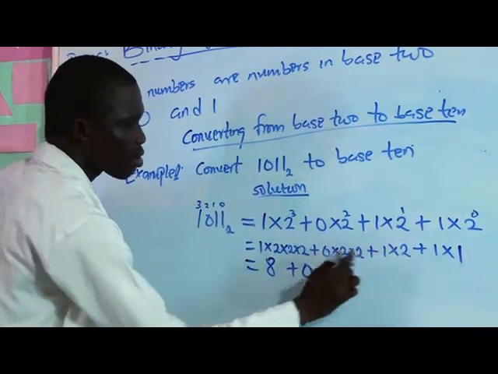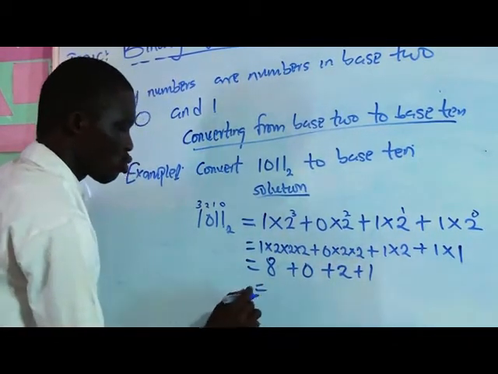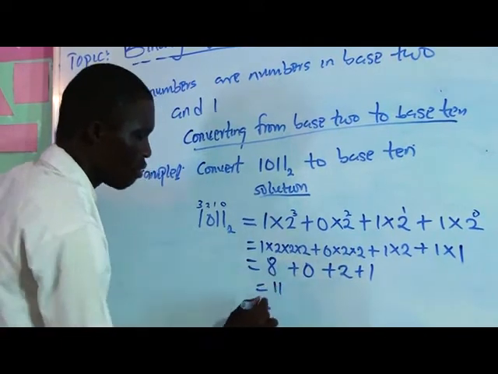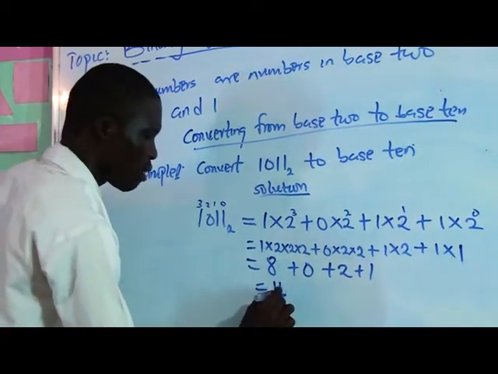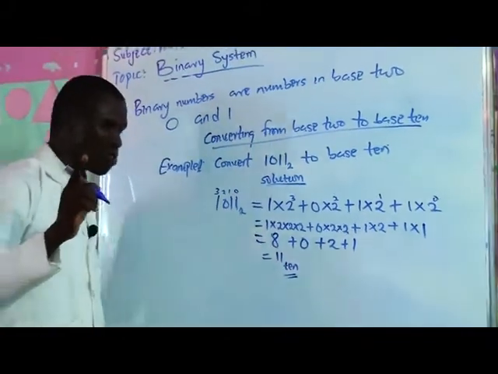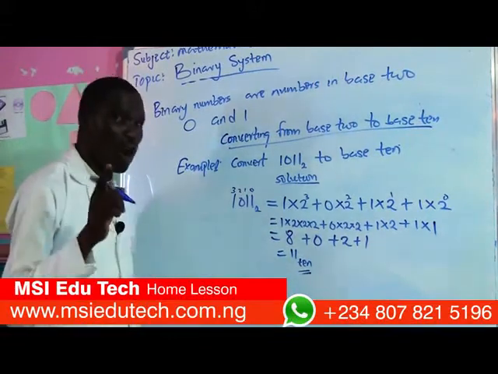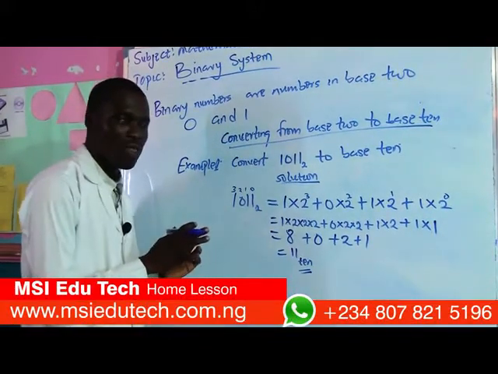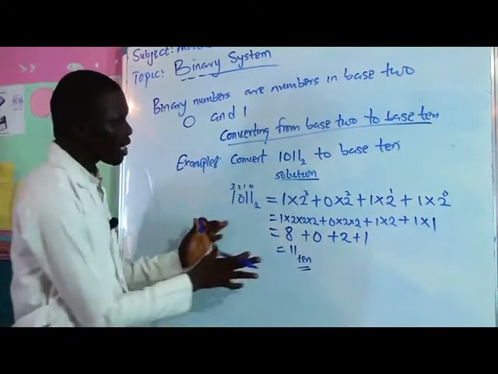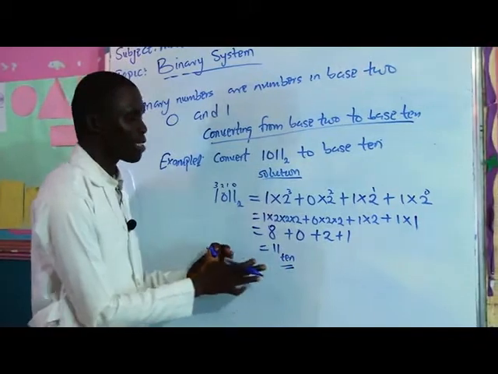Plus 1 times 2, 2. 1 times 1, 1. This will give us 8 plus 2, 10 plus 1, 11. So it will give us 11 base what? Base 10. And I want to remind you, 11 is different from 1 1 when we are dealing with binary numbers. So this is just a conversion from base 2 to base 10.